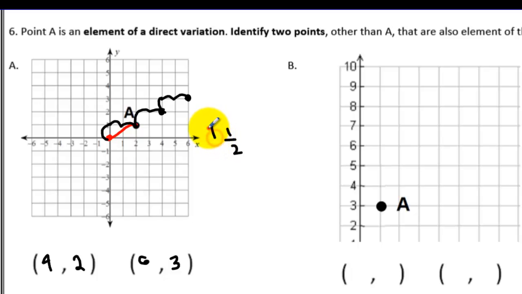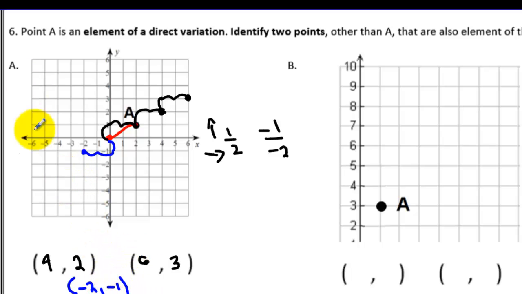Now if you want, you can do the opposite. Instead of going up and going to the right, we can also write 1/2 as -1 over -2. So from the origin, I can go down once and then run to the left twice. So this point is also an element of your direct variation. If you need more than 2 points, another point will be -2, -1.